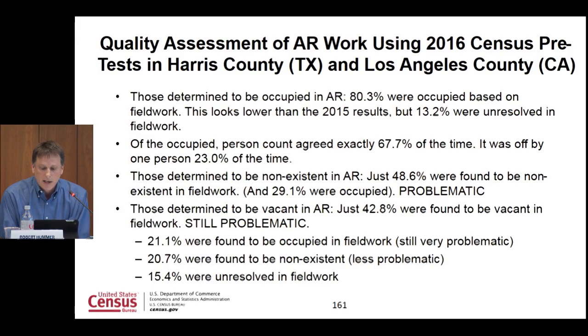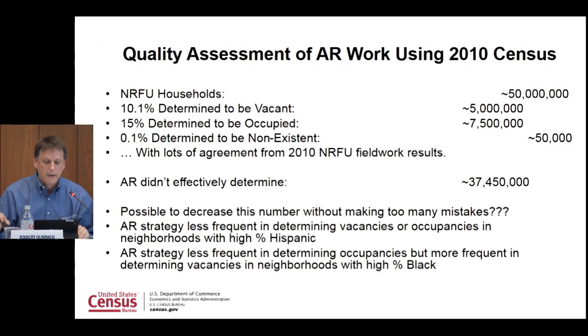But going down the slide here, a little bit more problematic was that of those that were non-existent in the administrative records, 29% were actually occupied, and of the vacant, 21% were actually occupied. So there was this mismatch again. So there's still a lot of work to be done, and with adjustments to be made as he talked about.